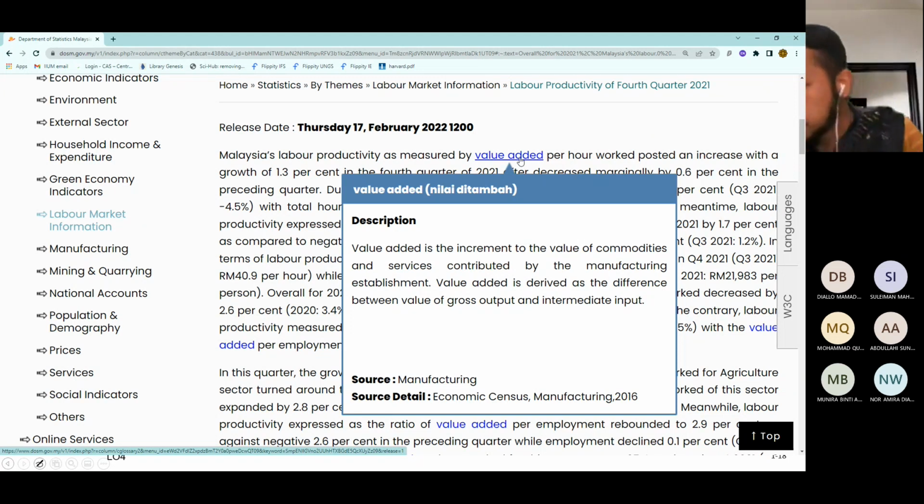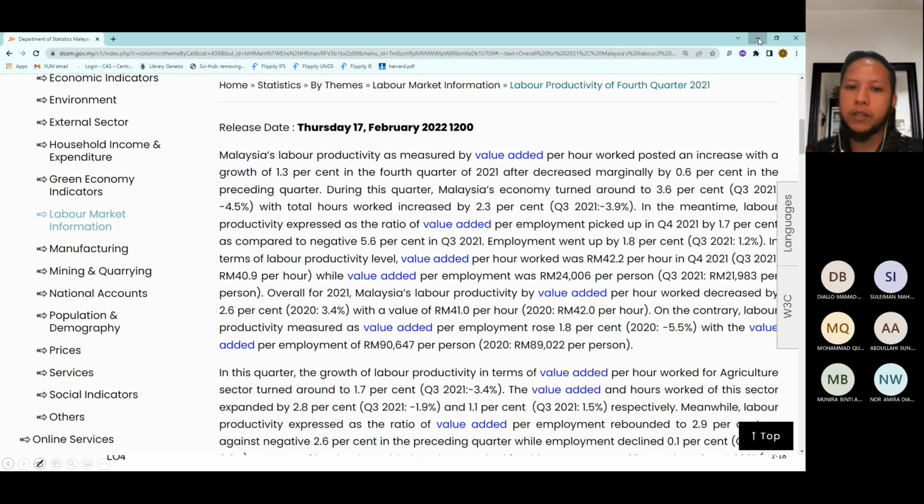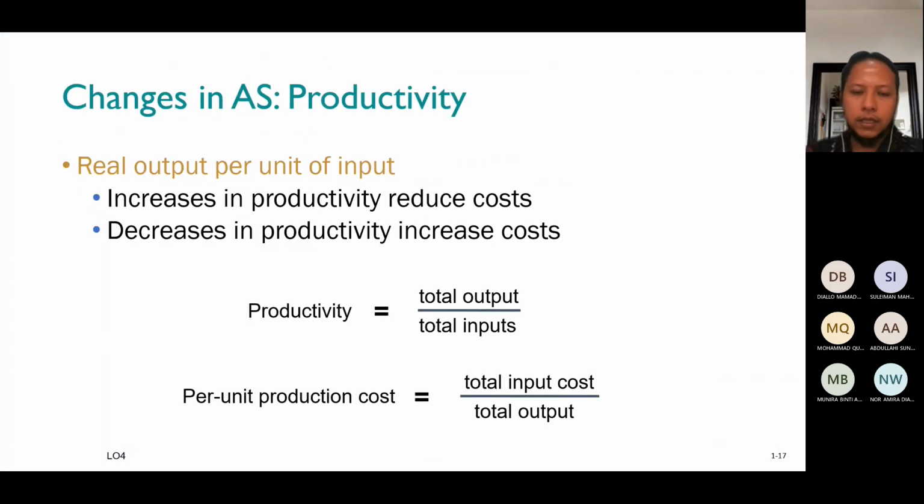So for example, like I mentioned just now, the clothing business. They produce clothes, shirts and pants. Let's just try to draw this. Let's say the cost of input, the cotton that they buy, is 100,000.